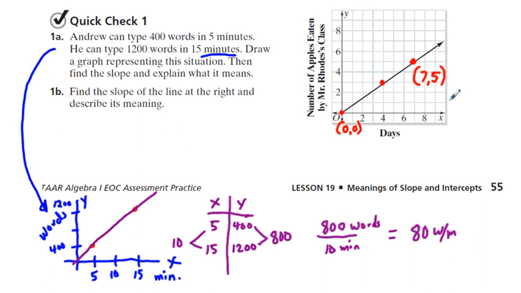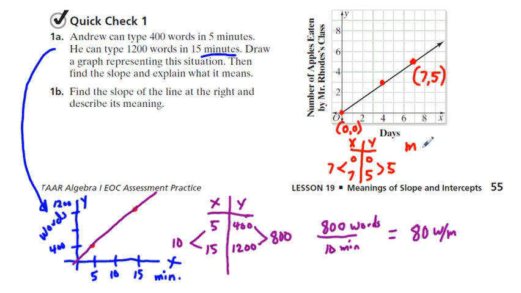Okay, so to find the slope, we would go ahead and put in x, y. We have 0, 0, and down here we have 7, 5. So on the right side we have a change of 5 over 7 days, increase of 5 over 7 days.